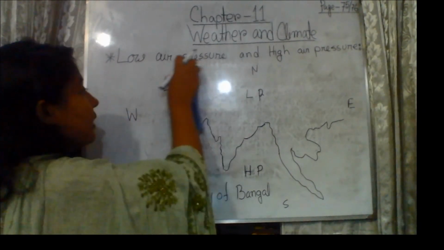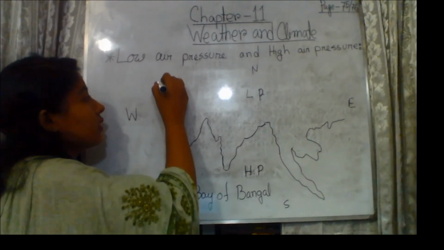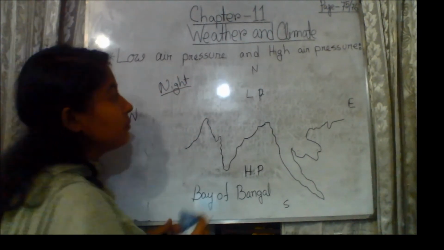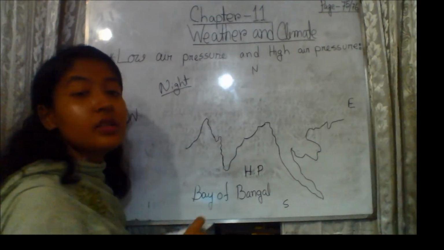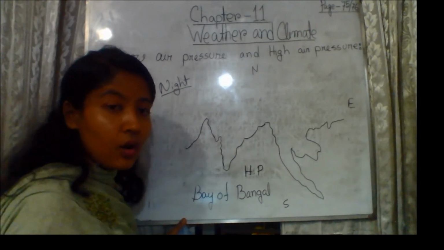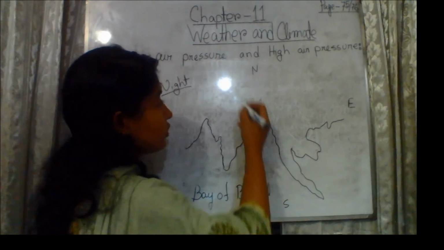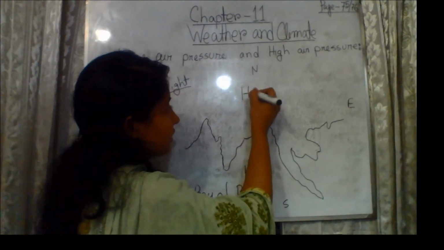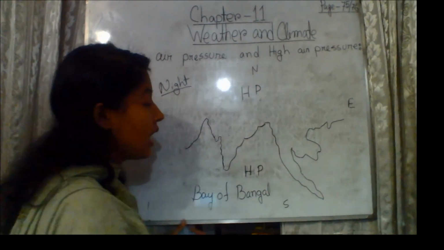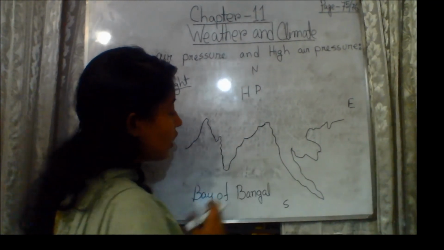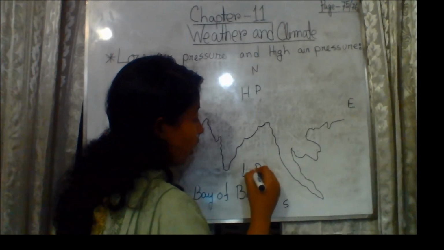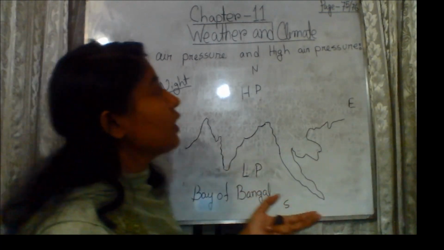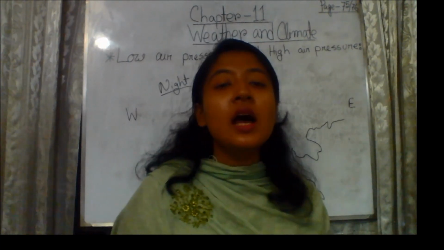And in night time, land is cooler than ocean. So the air related to this land portion creates high pressure over the land and it also creates low pressure over the ocean. So this is the main theory of low air pressure and high air pressure.